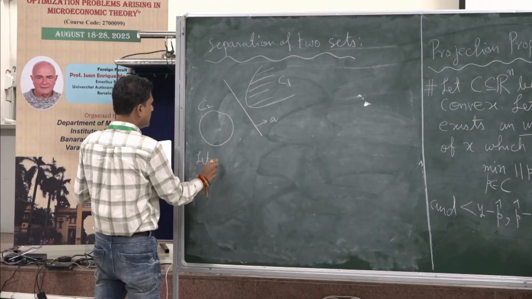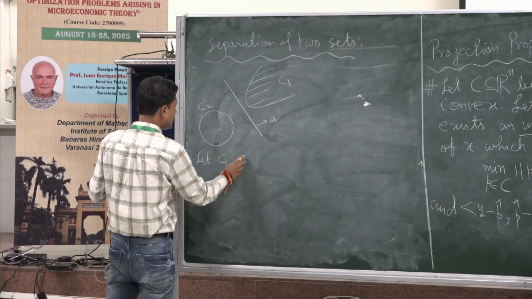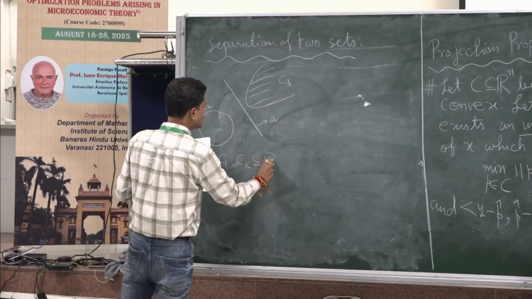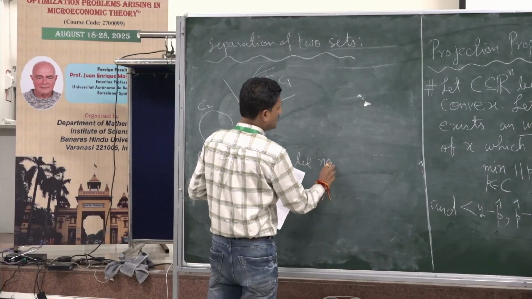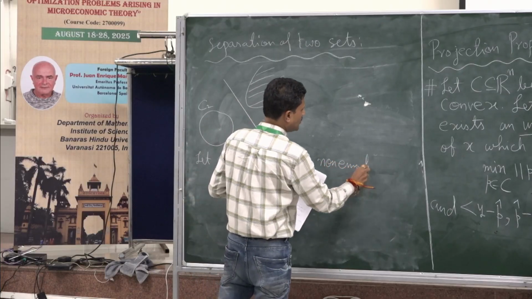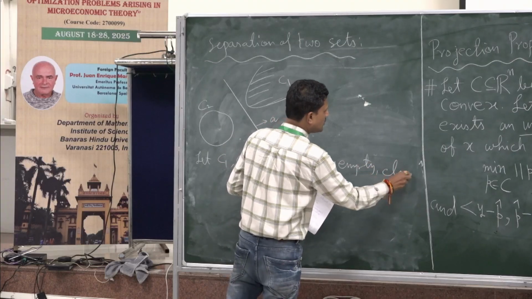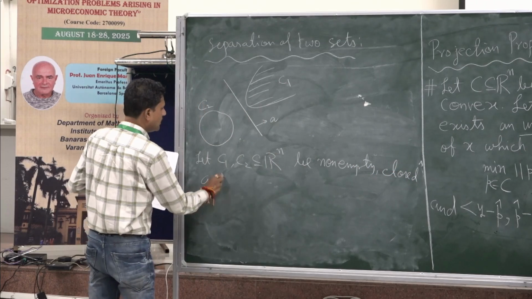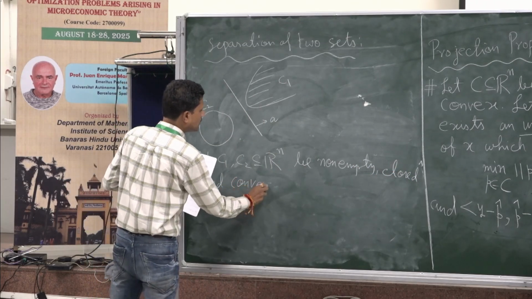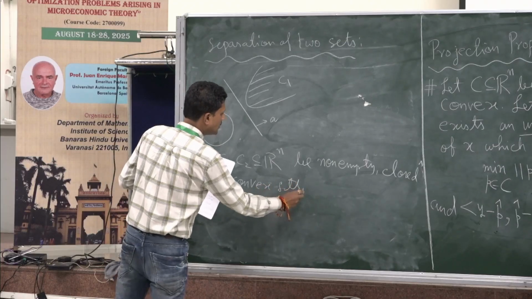So let C1 and C2 be subsets of Rn, closed and convex sets, right?